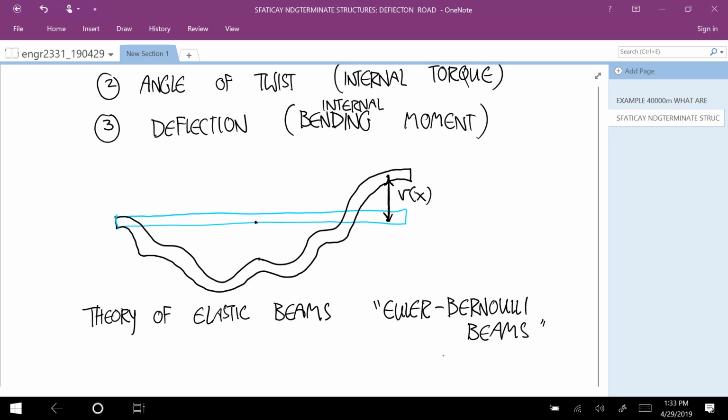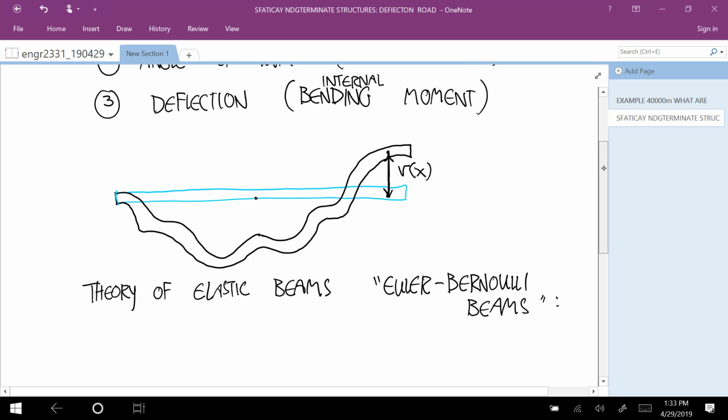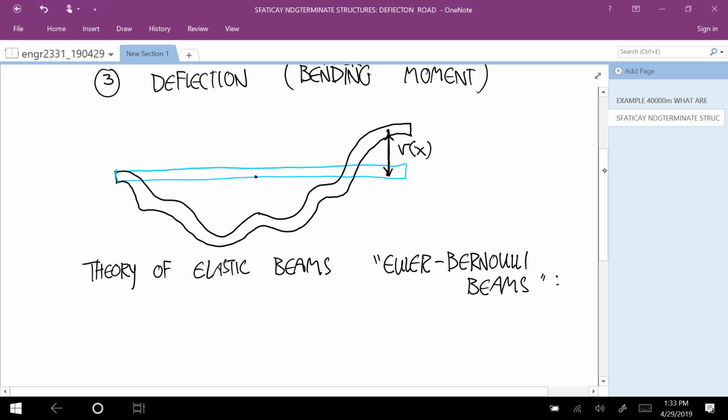And the theory of Euler-Bernoulli beams says that the internal bending moment divided by the Young's modulus times the area moment of inertia is equal to the curvature of the beam.